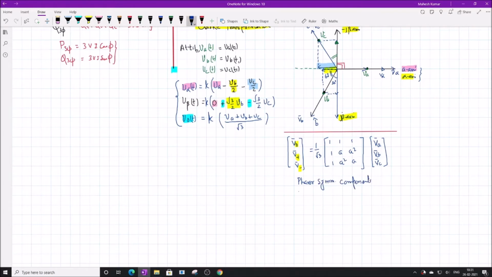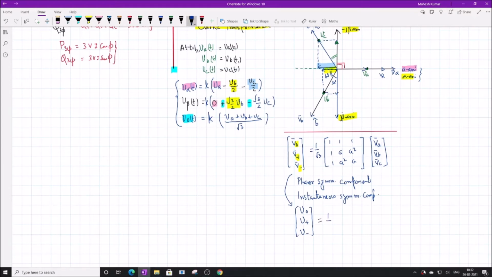We can also have the instantaneous symmetrical component. In that case, we replace the phasors in the symmetrical component, for example B0, then B plus, B minus. The difference is small b versus capital B and capital B bar. Bar means phasor, and small b means simply an instantaneous quantity.